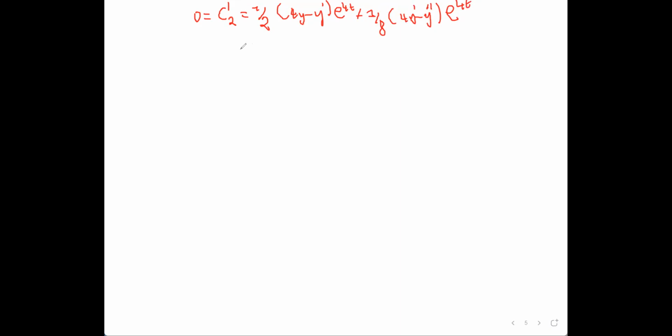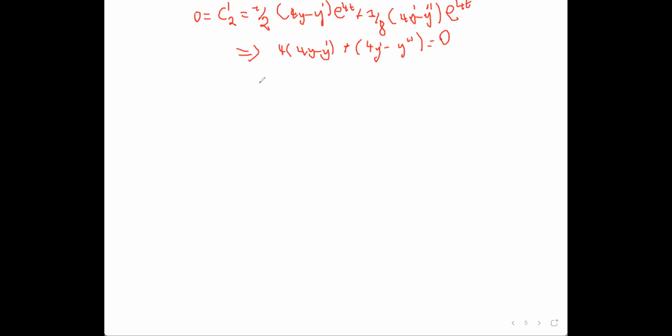And this is equal to 4 into brackets (4y minus y') plus (4y' minus y'') is equal to 0.